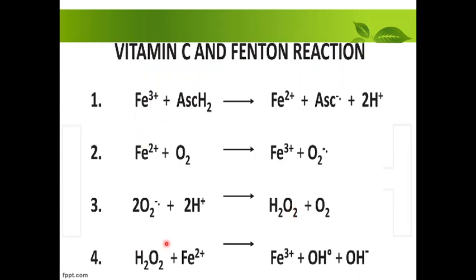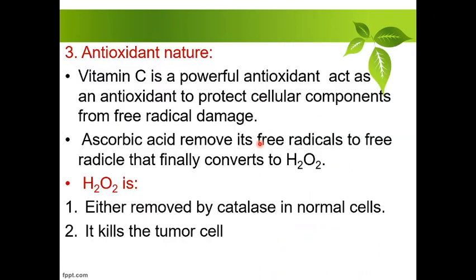These four reactions are in continuation with the ascorbate. The ascorbate did this, then this was produced, then it combined with oxygen, then this free radical was formed, then how the free radical made hydrogen peroxide. So all these reactions are linked, indicating the role of the ascorbate. So ascorbic acid removes its free radical and that is converted to hydrogen peroxide.